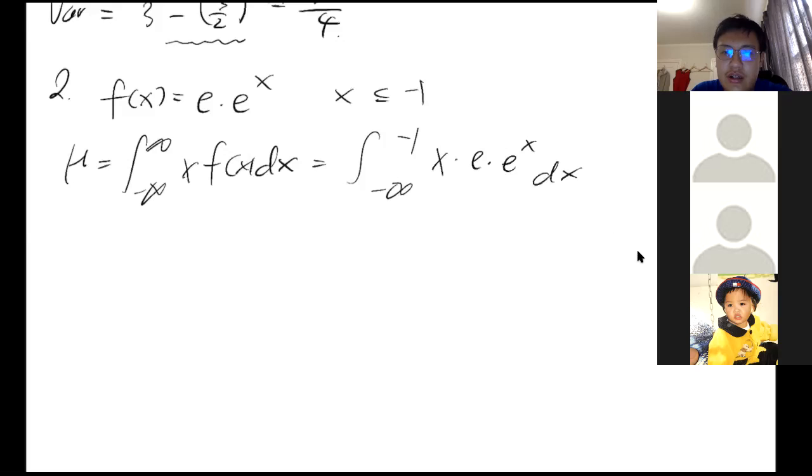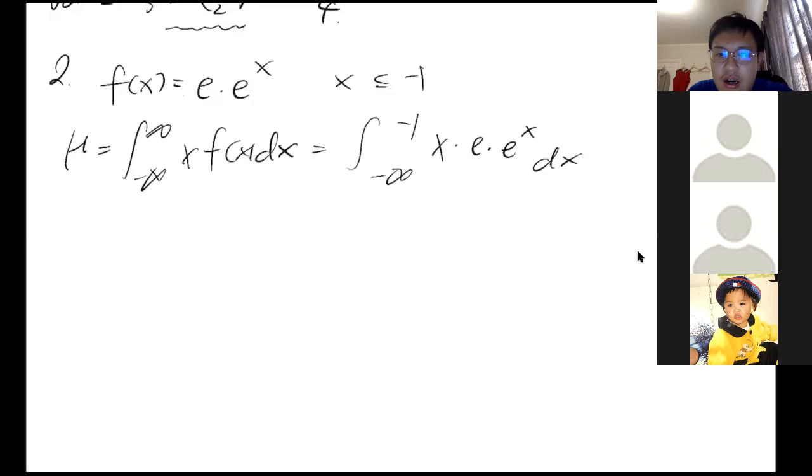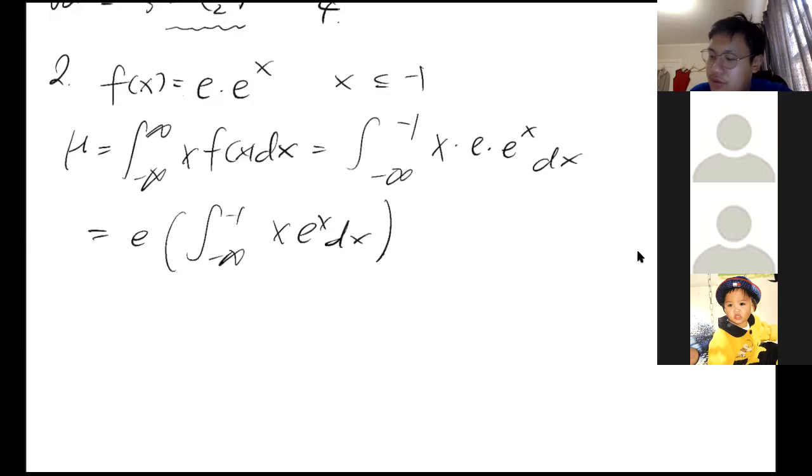And we need to do a lot of calculations here. So we first take the constant out. So that's e times the integral from negative infinity to -1 of x e^x dx. And then we do an integration by parts. So we let u be x, dv equal to e^x dx.